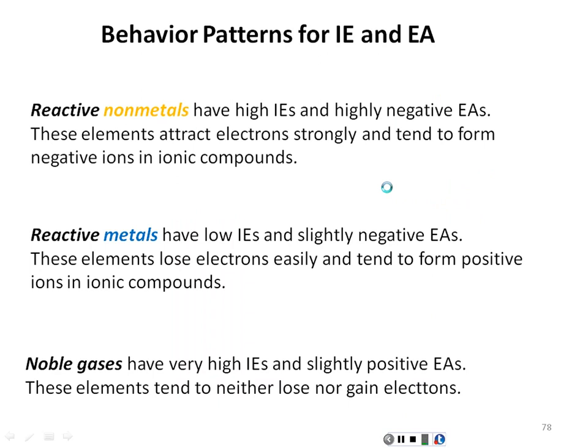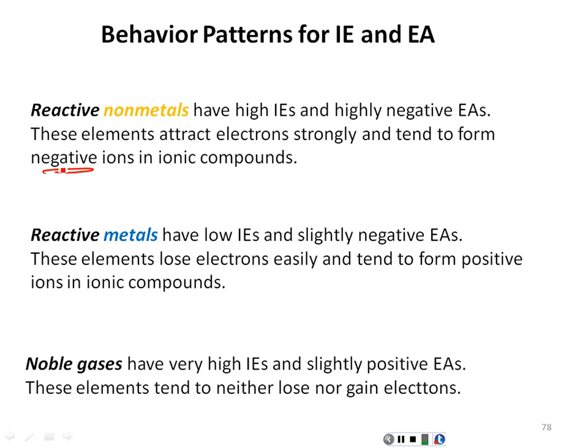Let's look at some behavior patterns for ionization energy and electron affinity. We can say reactive nonmetals have high ionization energies and highly negative electron affinities. And these elements attract electrons strongly, and they tend to form negative ions, so anions, in ionic compounds.